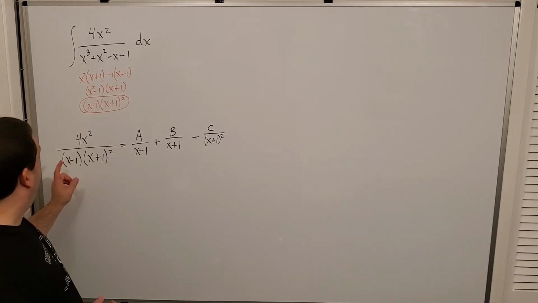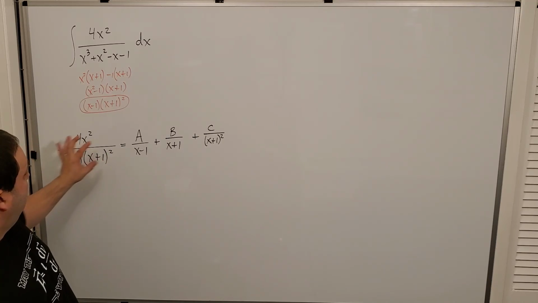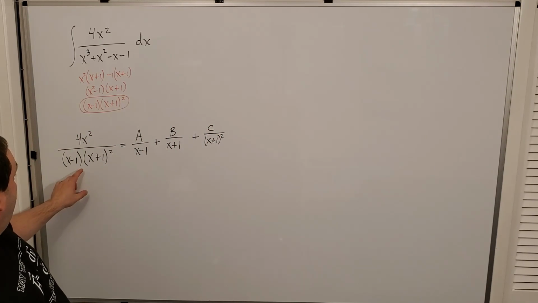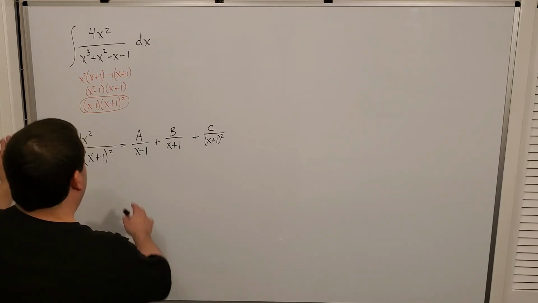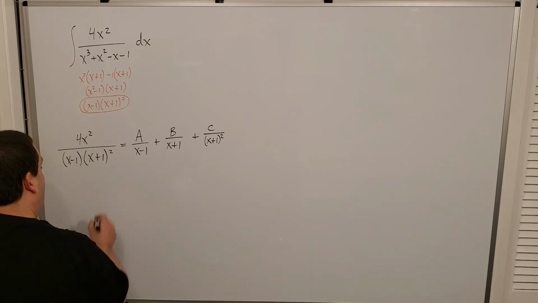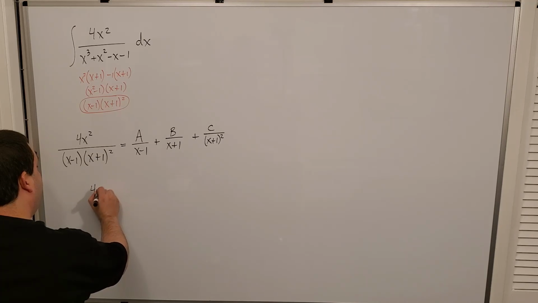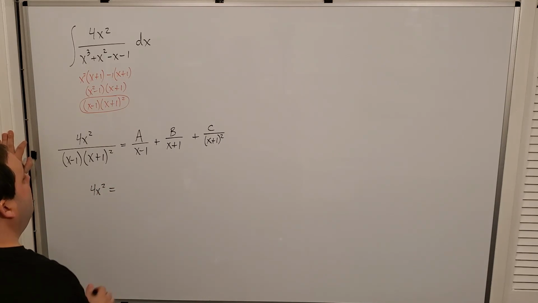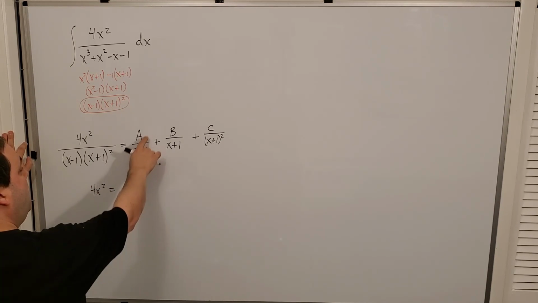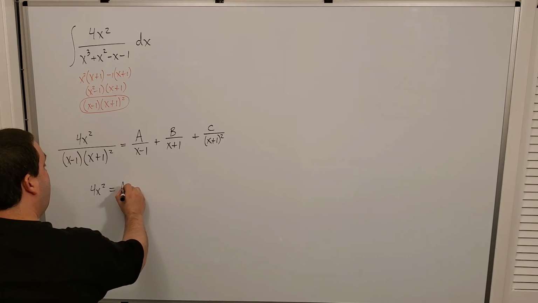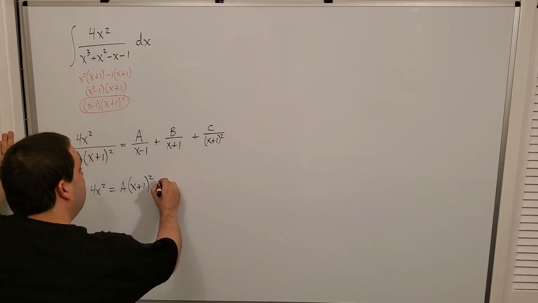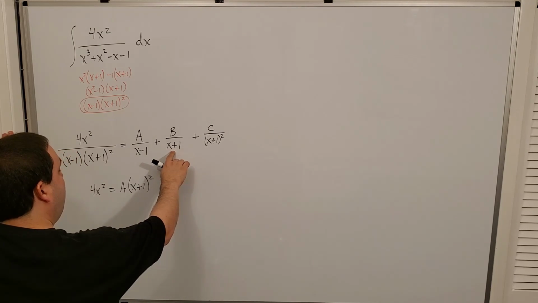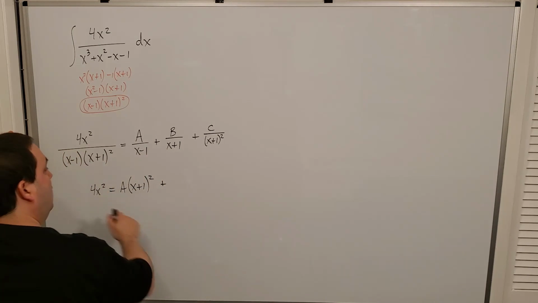Okay, so when I multiply this denominator to all the spots, I'm multiplying x minus 1, x plus 1 squared. So it's going to eliminate on this side, leaving me with 4x squared. Here it's going to eliminate with the x minus 1, leaving me A times x plus 1 squared. Next, it's going to eliminate one of the x plus 1s.